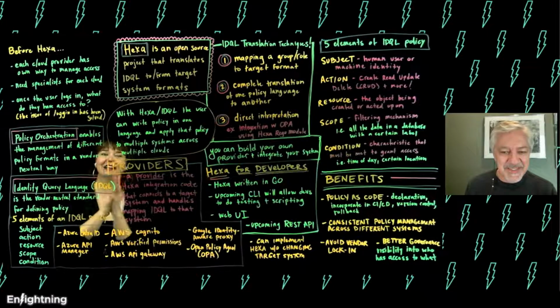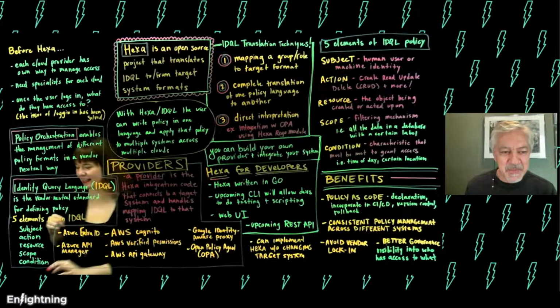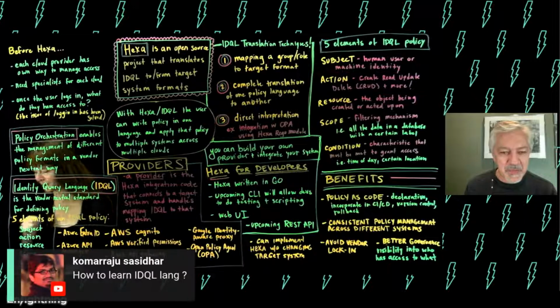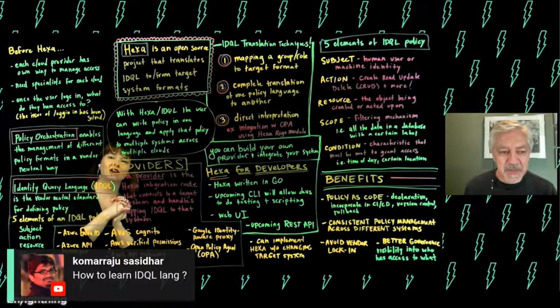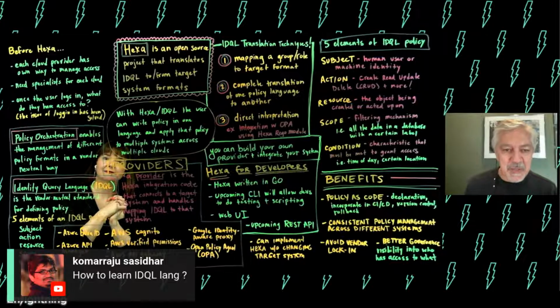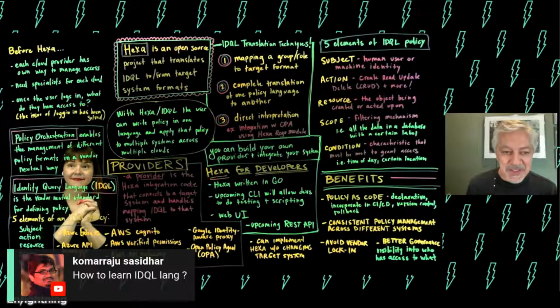and to the community. Oh, and we have a question, of course, from Court Maju, which I love. What's a good way to learn IDQL? Well, come check out the project website and it'll connect you to the GitHub repo. As I said, there's a demo environment where you can have a working system that has some simple IDQL policy fragments in it.